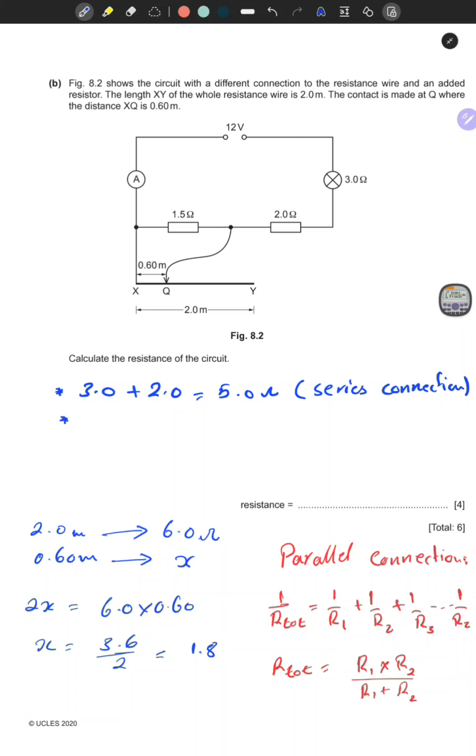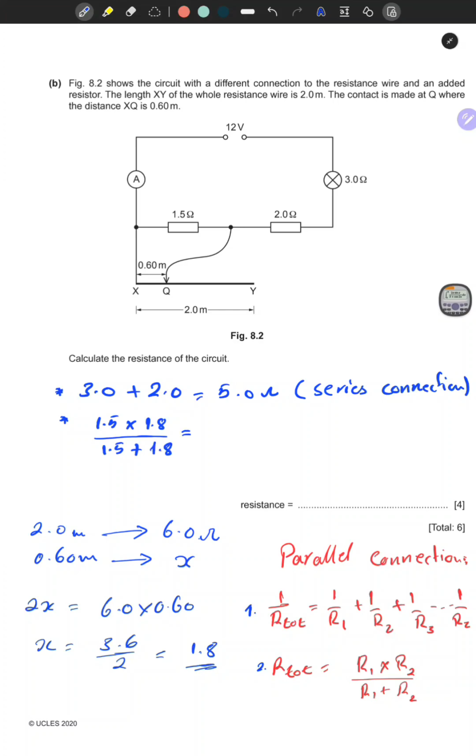And the parallel connection, I will use this rule here. Let's say this is 1 and this is 2 down there. I will use the second one, which is R total equals R1, let's say R1 is 1.5, times R2, which is the value that I got here, 1.8, over R1, which is 1.5 again, plus R2, 1.8.